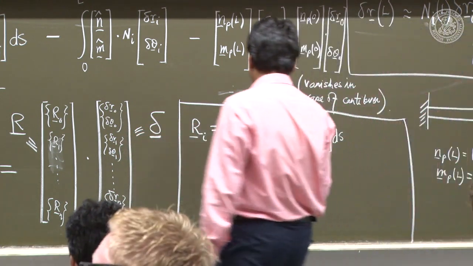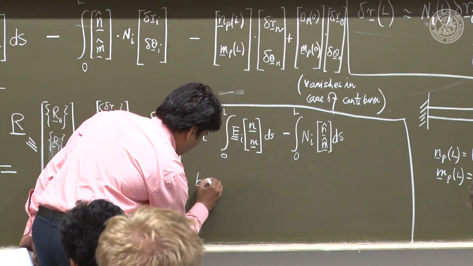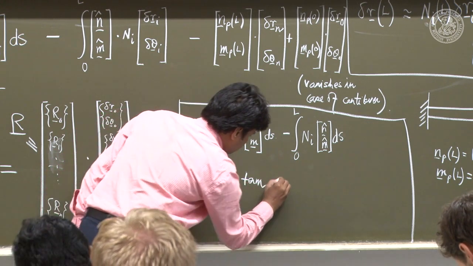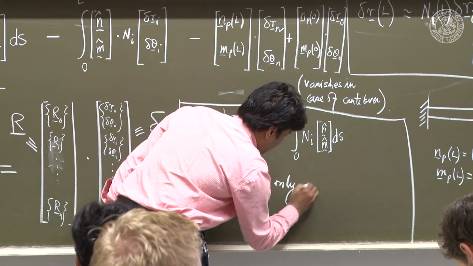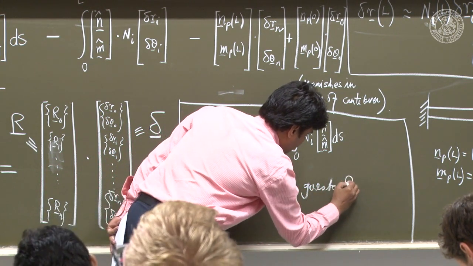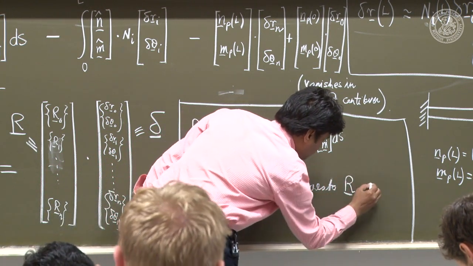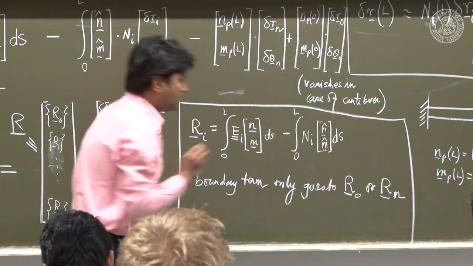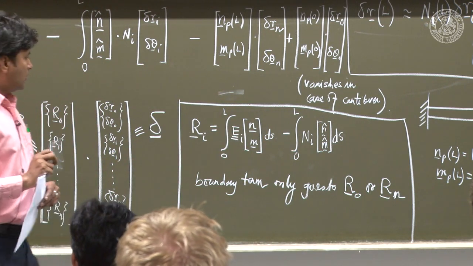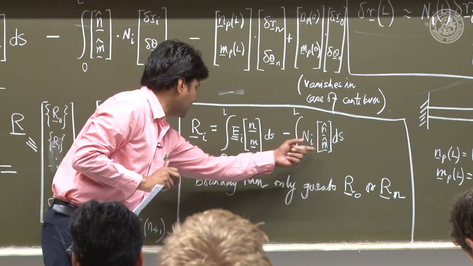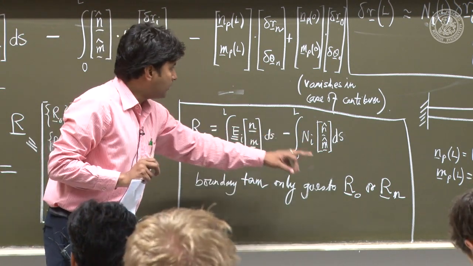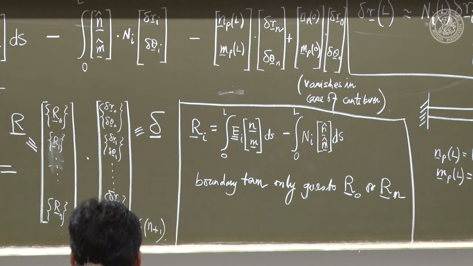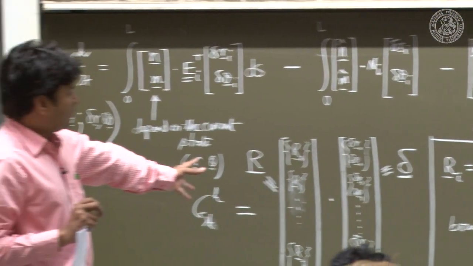So, I will just write that the boundary term only goes to sub vector big R 0 or big R n. So, of course, big R 0 has these terms also, but it will also have a contribution from the boundary term. So, that is how you can form your residual vector big R, all right.